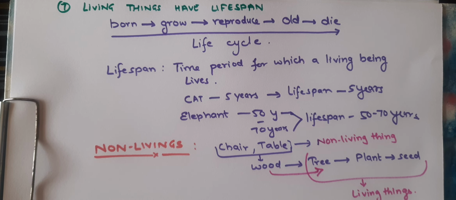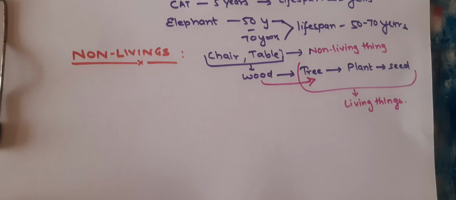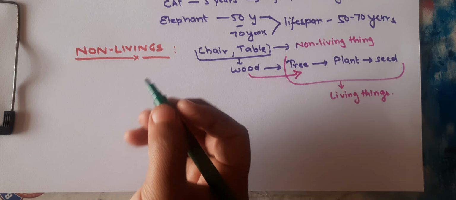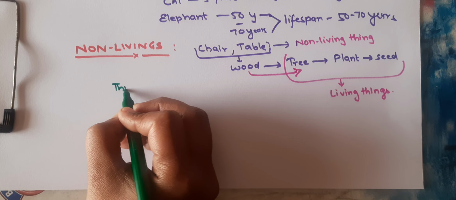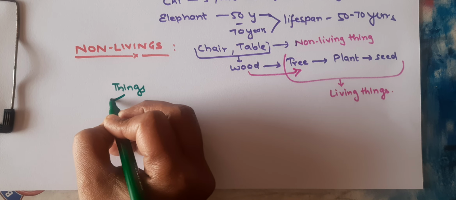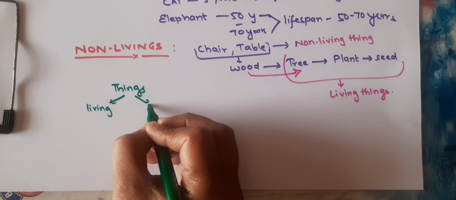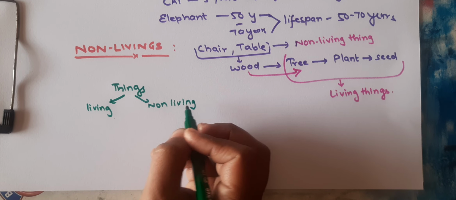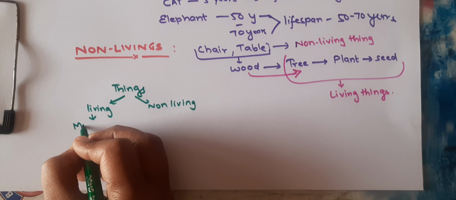Now I will make a quick summary of what we learned in this video, so that you remember all the things. A very quick recap: whatever things we see around us can be living or non-living. Living things move.